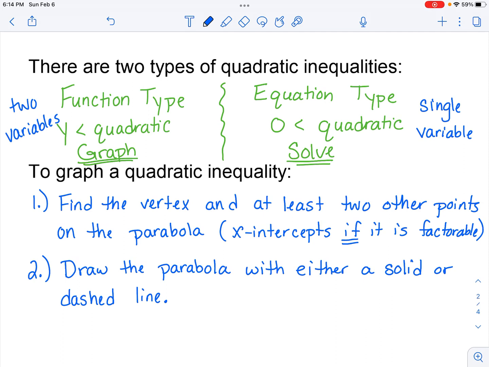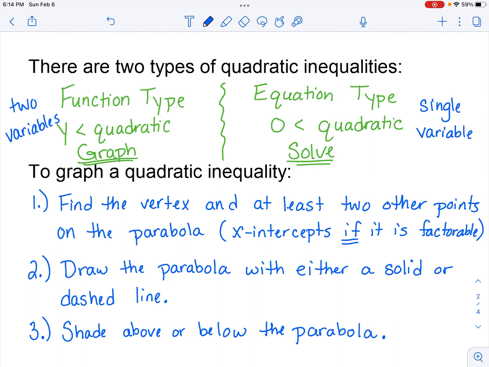If there is no equal to, then we do a dashed line, okay? And like before, if you want to draw it solid and then label it as solid or dashed, that's totally fine, all right? And then, because it's an inequality, we're going to shade above or below the parabola, based on, is it y is greater than or is it y is less than, okay?